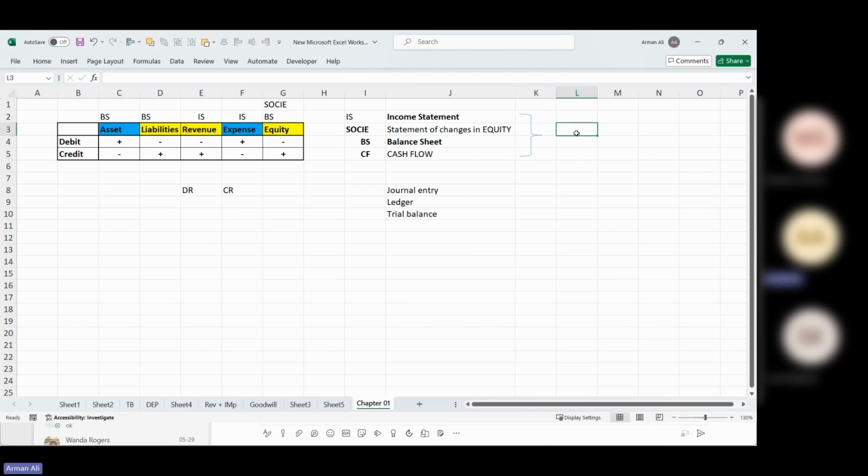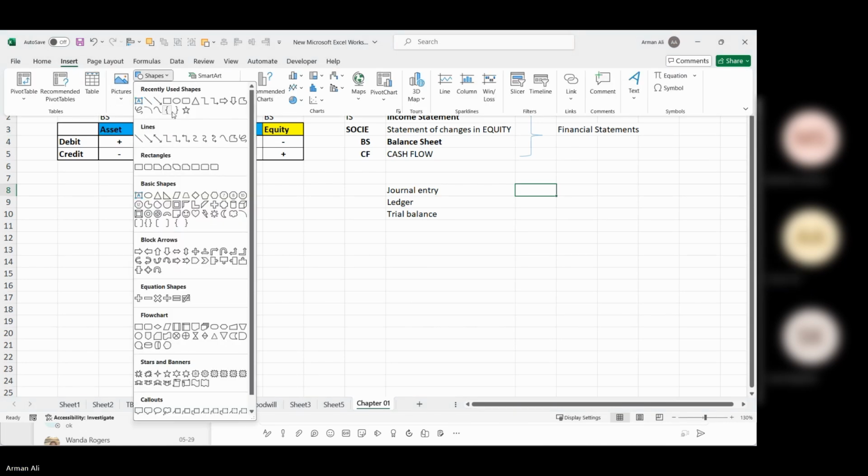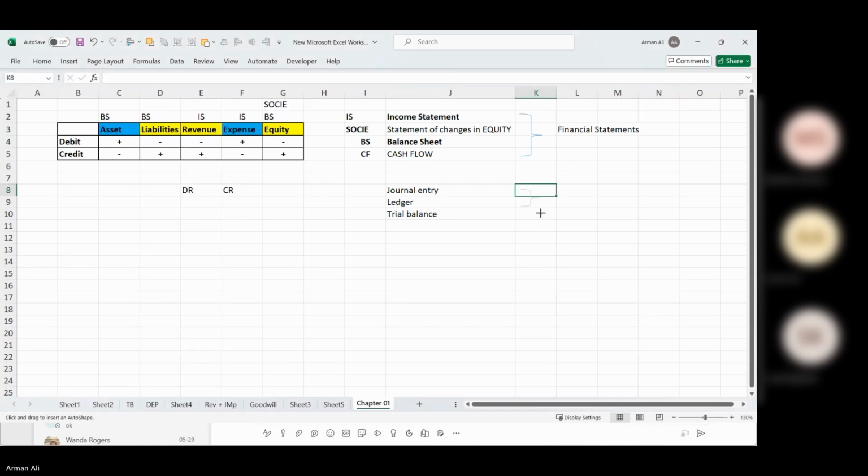Collectively they're called financial statements. And these are the processes through which we have to go to create the financial statements. Okay.